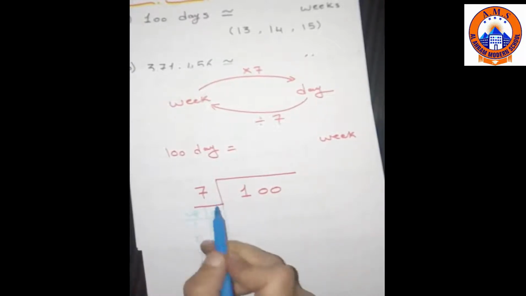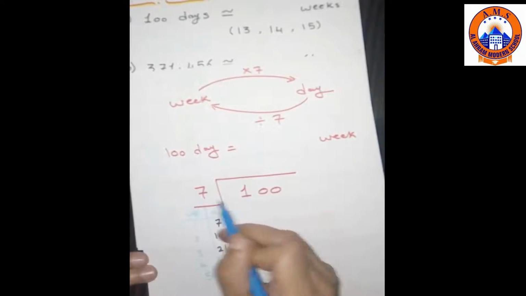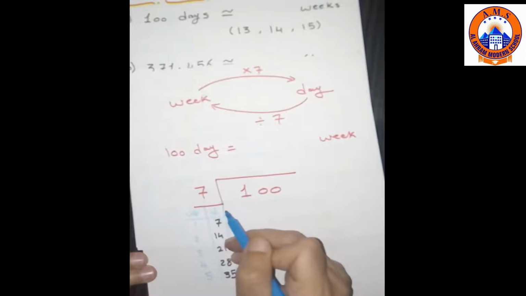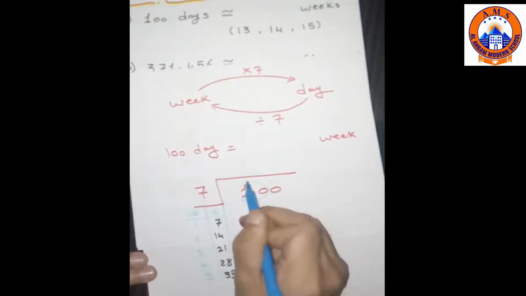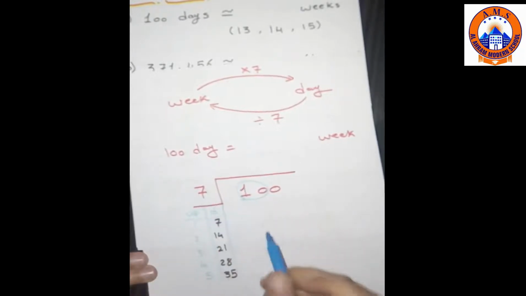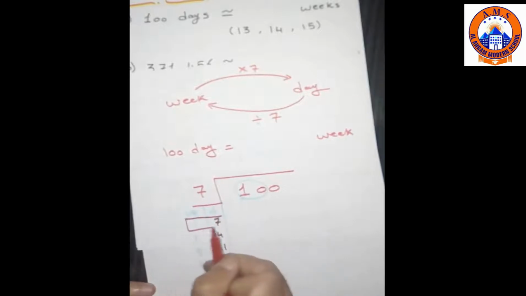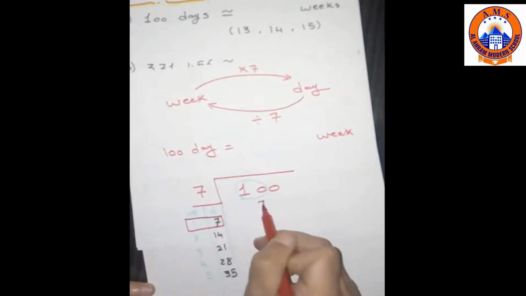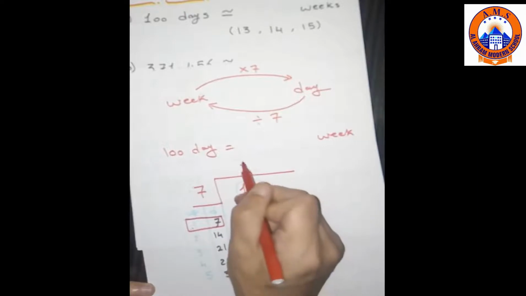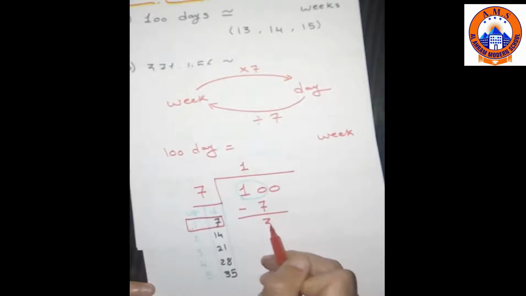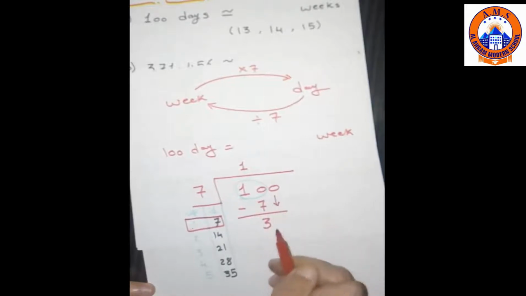And because we have one digit outside, we're going to take one digit. 1 divided by 7 is too small to divide 1 among 7, so we're going to take 2 digits, which is 10. 10 divided by 7, the nearest result to 10 is 7. I'm going to choose this one. I'm going to put 7 down and 1 up. Then we subtract. 10 minus 7 equals 3, and bring down the following number, which is 0.